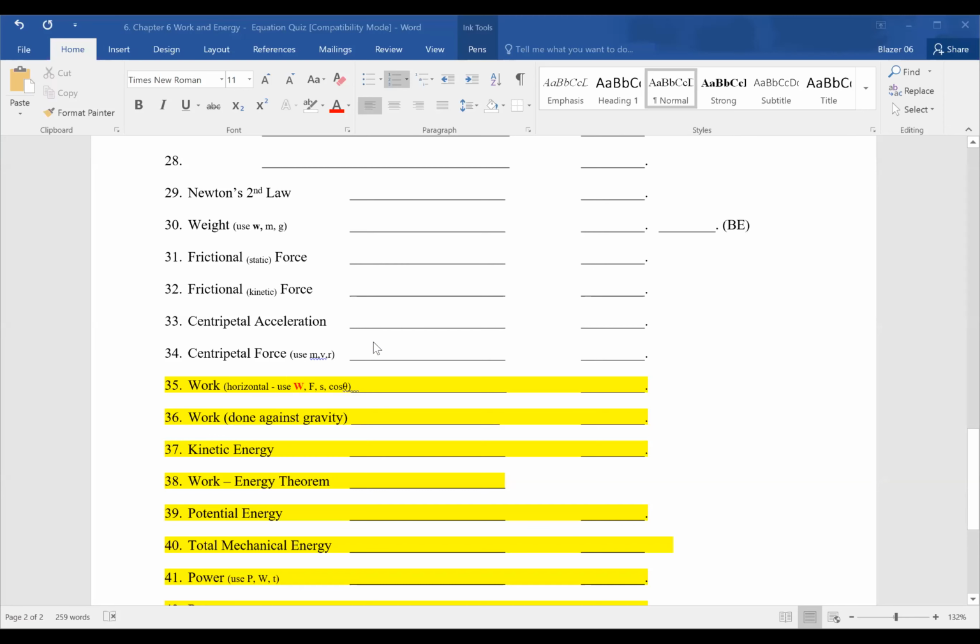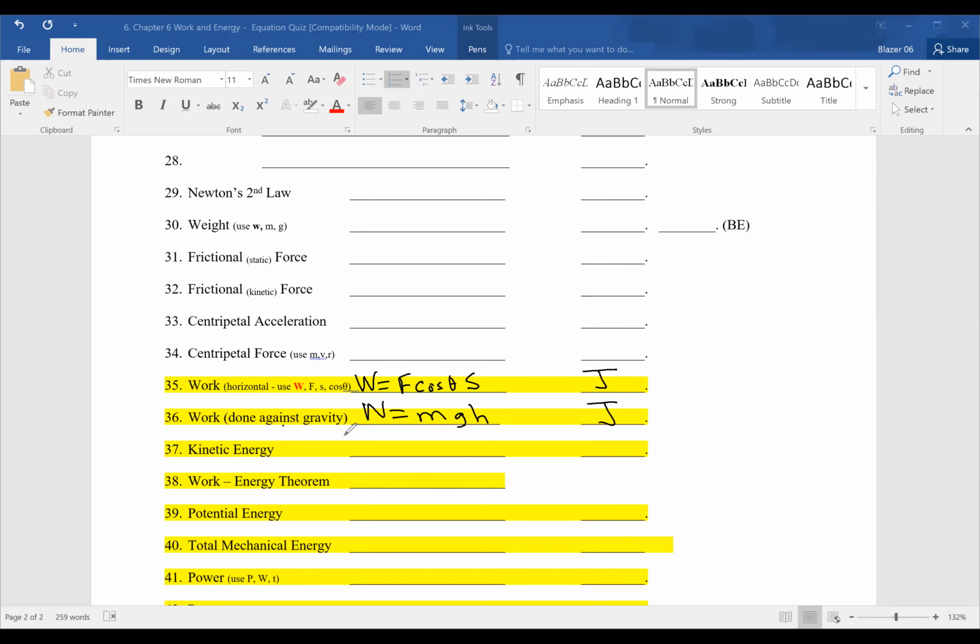We said that work horizontal was F cosine theta times the distance. And of course, the unit is joule. We did work against gravity. So that work we said is mgh, and that's also in joules.